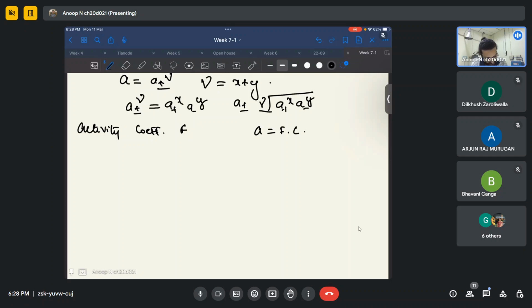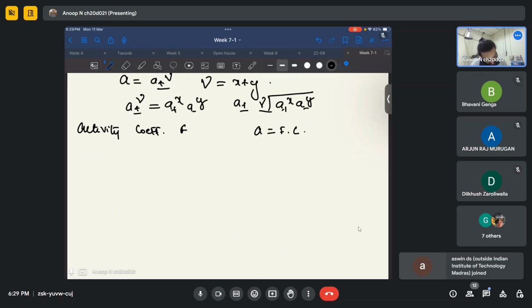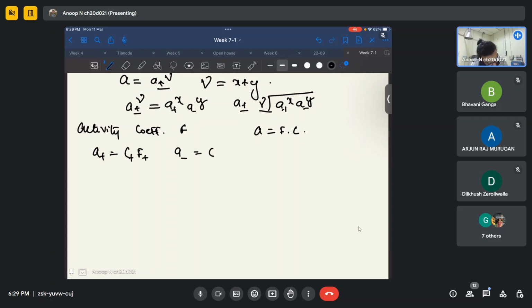So here I'll write the earlier terms also. a plus is equal to c plus into f plus. Then a minus is equal to c minus into f minus. a plus minus is equal to c plus minus into f plus minus.